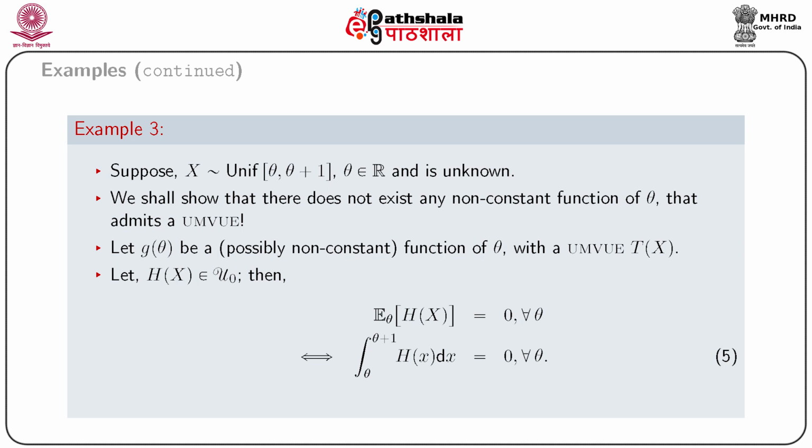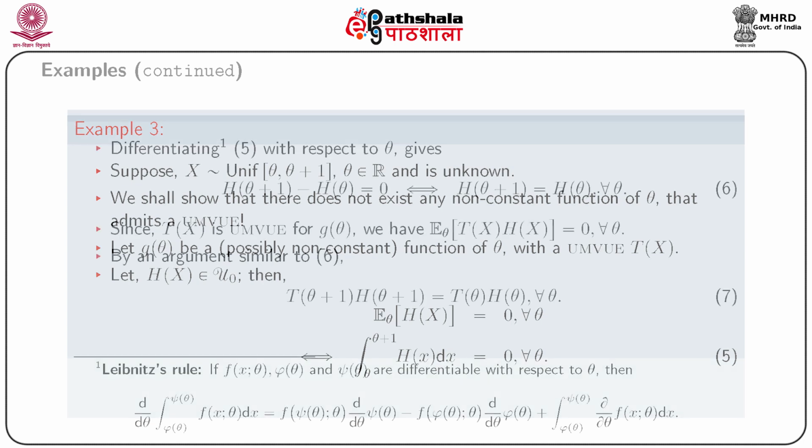To prove this, suppose g(theta) is any non-constant function of theta. Let h(x) be any unbiased estimator of 0, that is, expectation of h(X) = 0 for all theta, which implies integration from theta to theta plus 1 of h(x) dx = 0 for all theta.